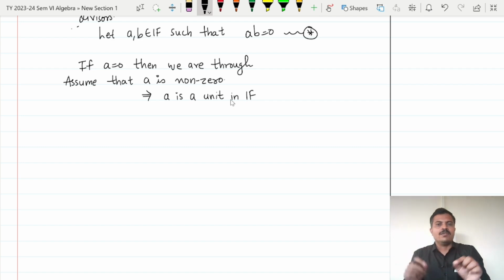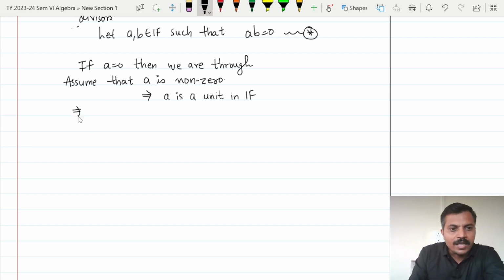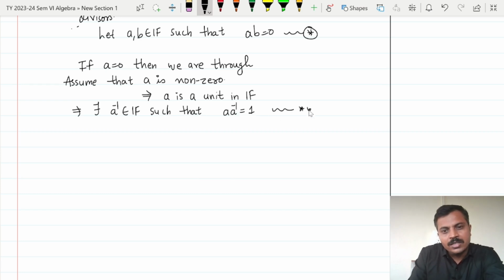Unit means we will be able to find an element A inverse in F such that A into A inverse will be equal to 1. So this implies there exists A inverse belonging to F such that A into A inverse is equal to 1, and we will call it double star.